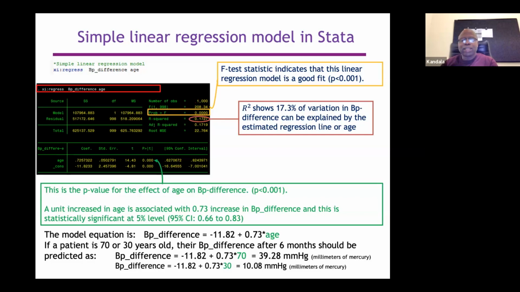But remember, we have bivariate data, two variables. This should give us an indication, remember your notion of correlation: there is a relationship between age and blood pressure difference.